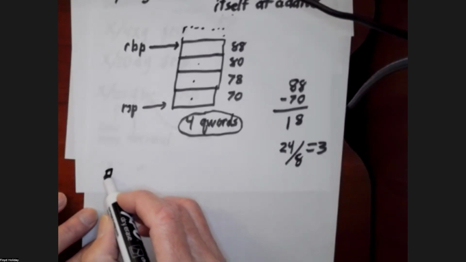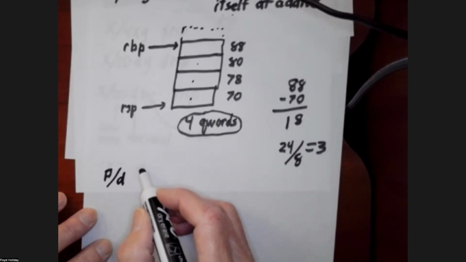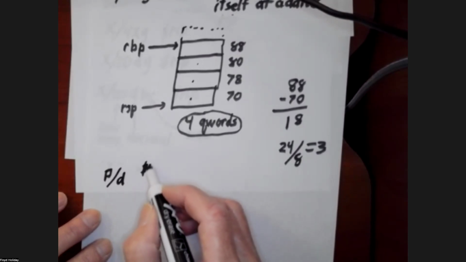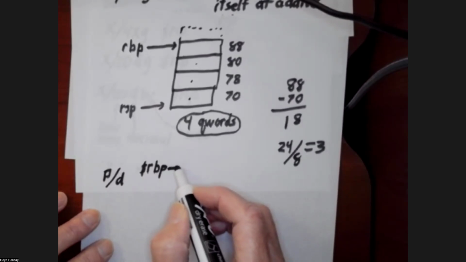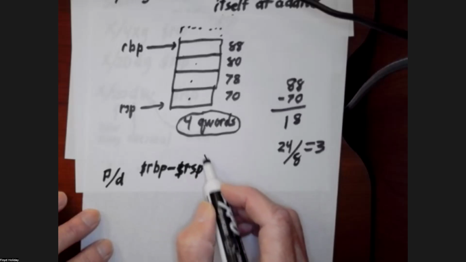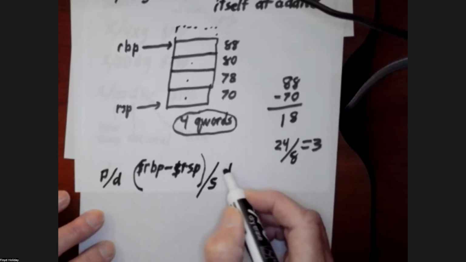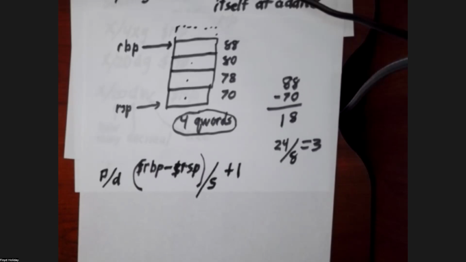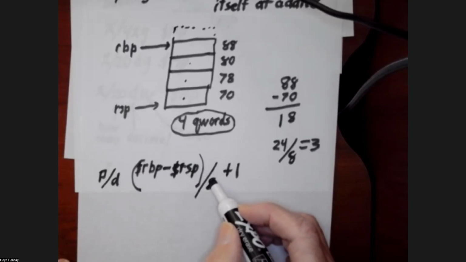We use P/D $RBP minus $RSP. That tells you that's a divide by 8.